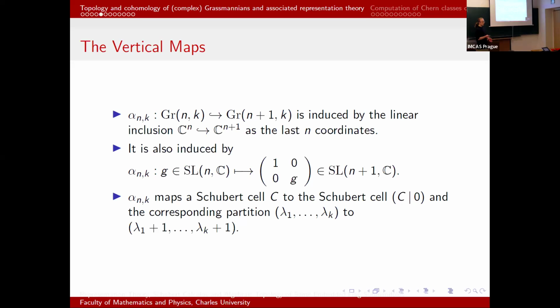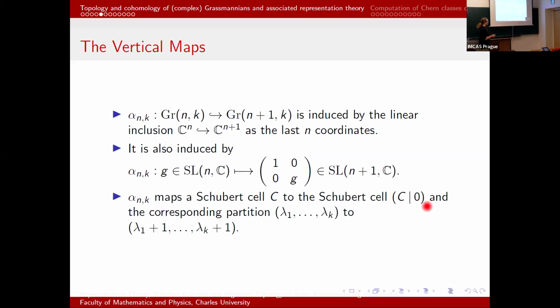It is induced by a Lie group homomorphism, which on the level of SLn is defined by taking an n by n matrix with determinant 1 and expanding it to an (n+1) times (n+1) matrix with determinant 1. And on the level of Schubert cells, the map alpha(n,k) maps a Schubert cell of the Grassmannian (n,k) to a Schubert cell of the Grassmannian (n+1,k).